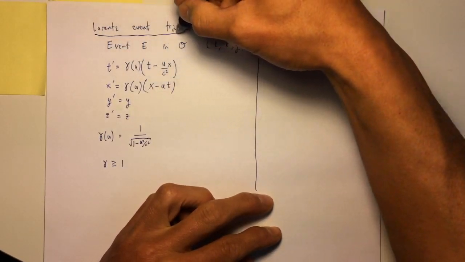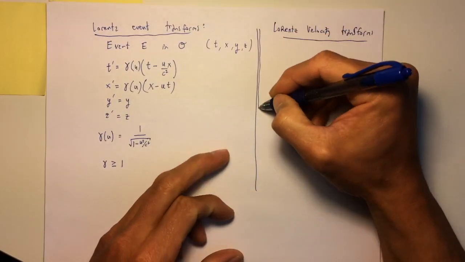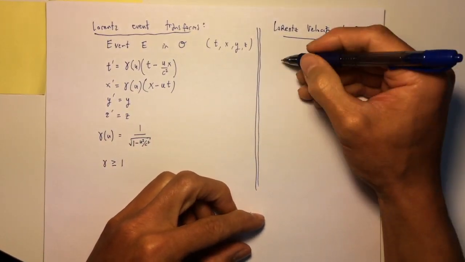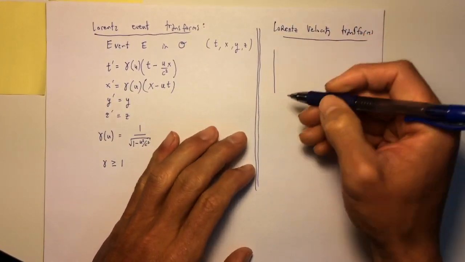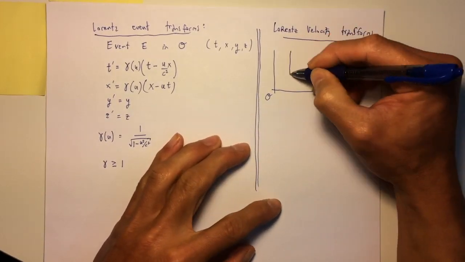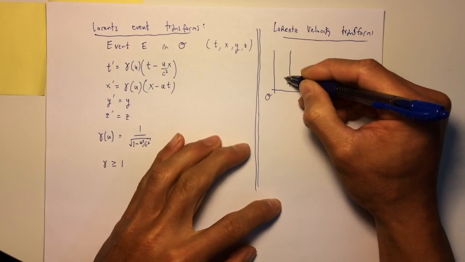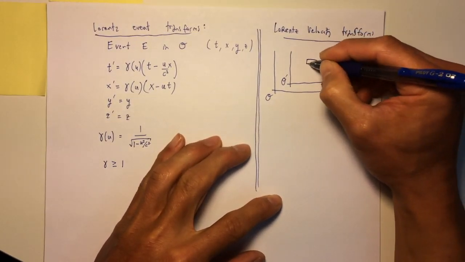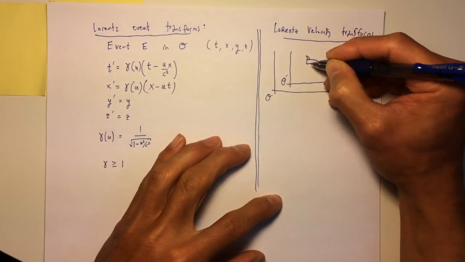And these were the Lorentz event transforms. Okay, so here's the idea. Just a quick re-reference of O prime, and here is a rocket ship.